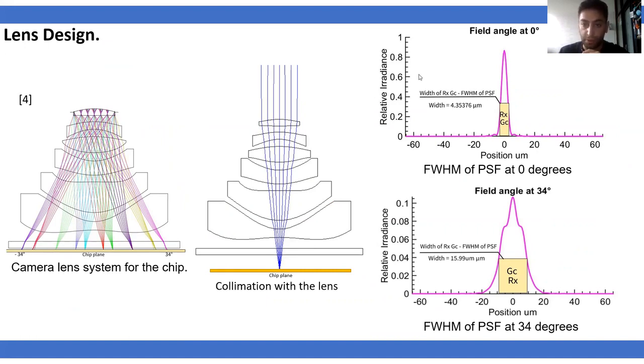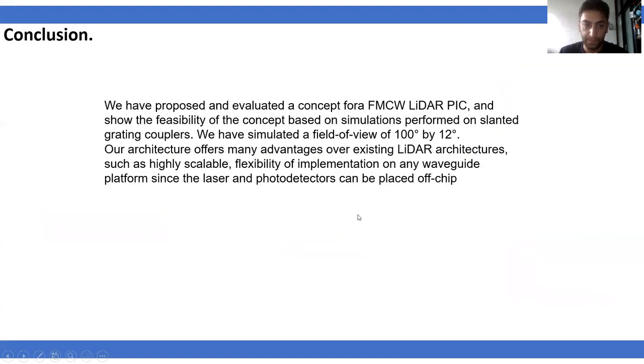The width of the grating couplers was calculated by taking the point spread function of the individual beam. So we can see that the farther we go toward the angle of 34 degrees, the wider the beam becomes. So the width of the grating couplers will change based on the field angle that is coming from the space.